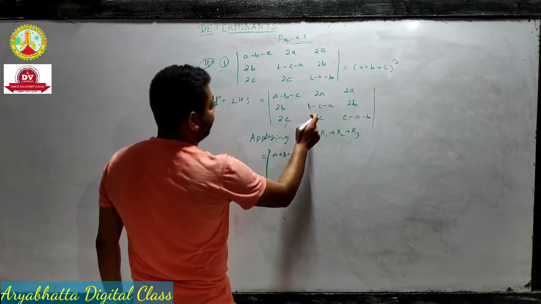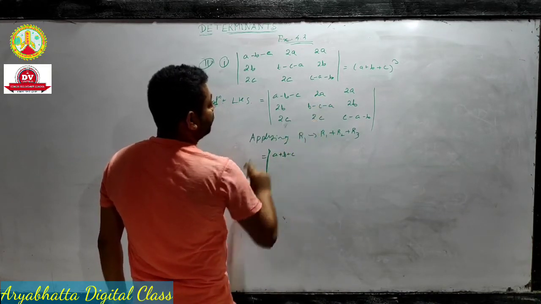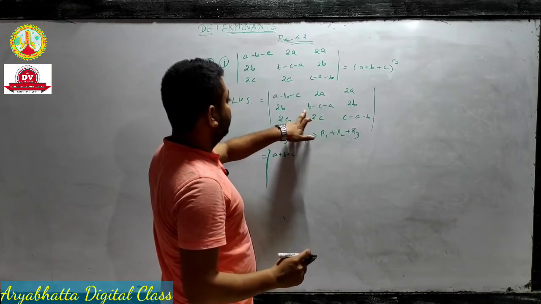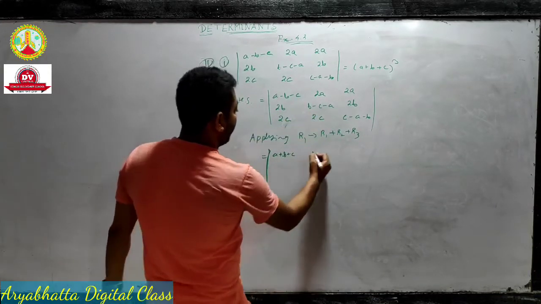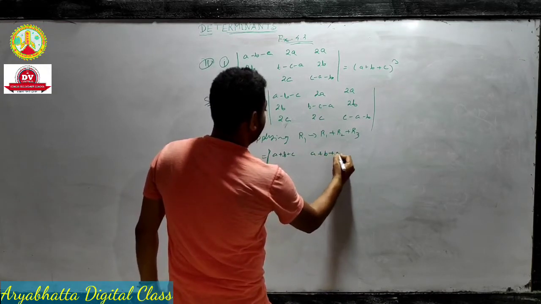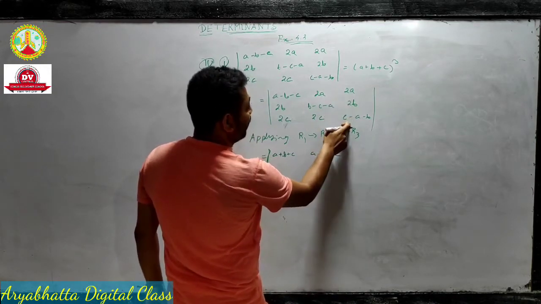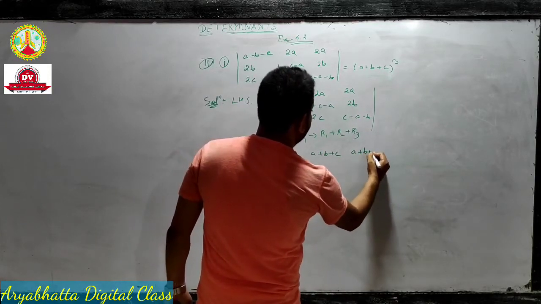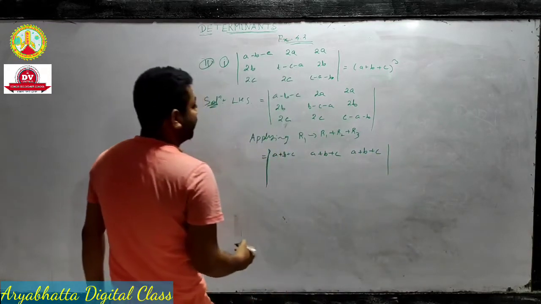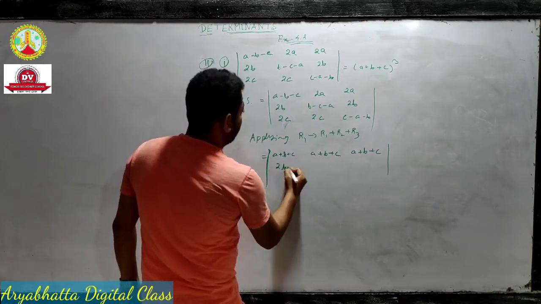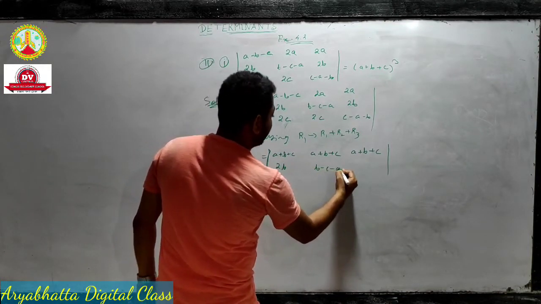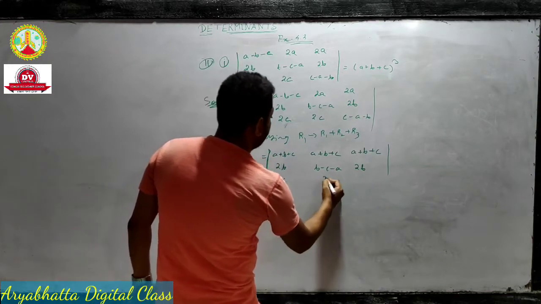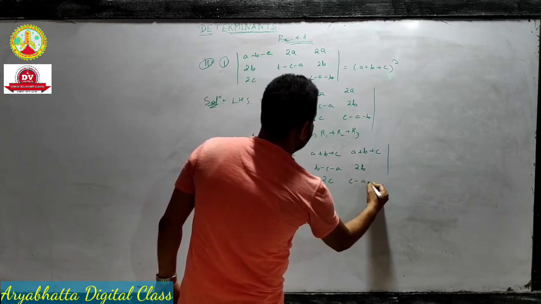Next 2a + b − c − a + 2c equals a + b + c. Next 2a + 2b + c − a − b equals a + b + c. R2 and R3 do not change: 2b, b − c − a, 2b; 2c, 2c, c − a − b.